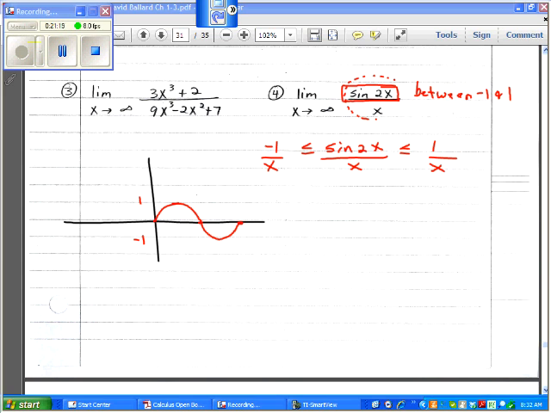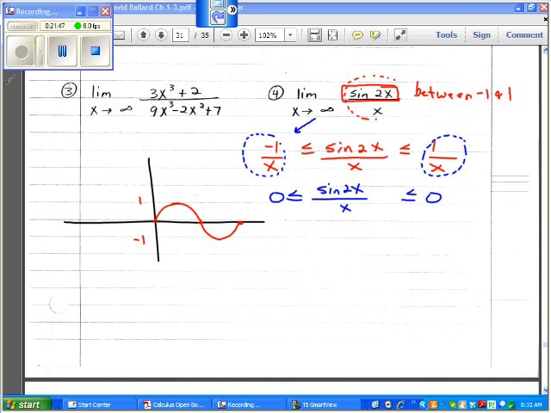Well, this form gives us a what? A 0, as we talk about x getting infinitely large, -1 divided by something infinitely large is 0. And this form, as x approaches infinity, 1 divided by infinity is 0. So replacing those with 0 gives us that the sine of 2x over x is somewhere between 0 and 0.